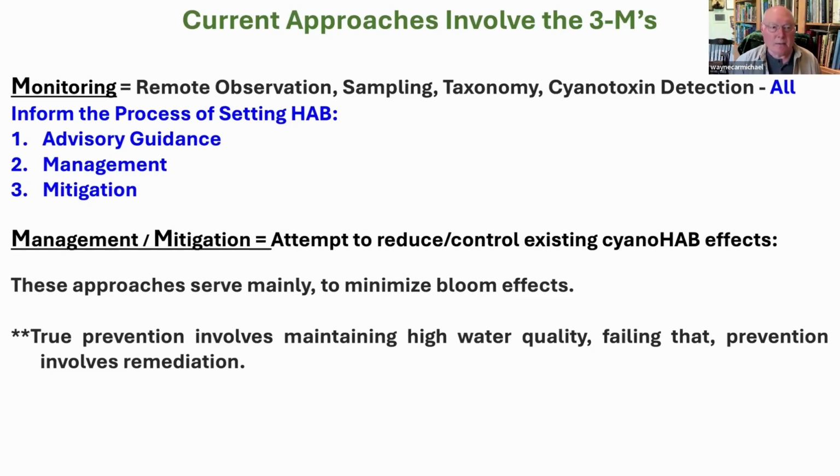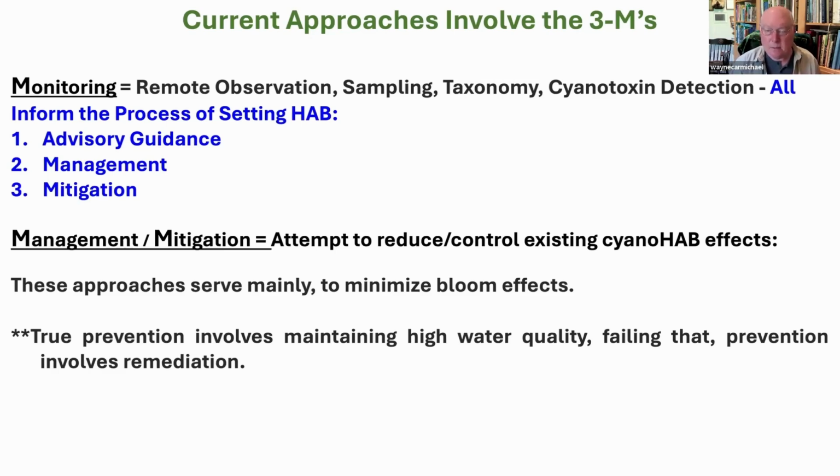All of these processes inform how you set HAB advisory guidance, management, and mitigation, but it doesn't typically address prevention and remediation. Management and mitigation, you have to keep in mind, is an attempt to reduce and control cyanobacteria and their HABs.